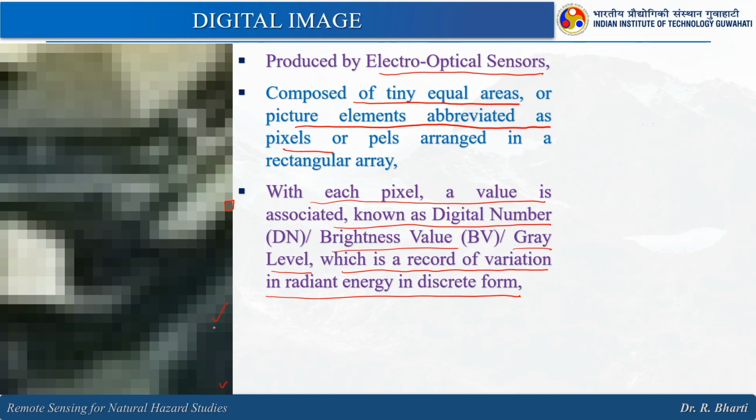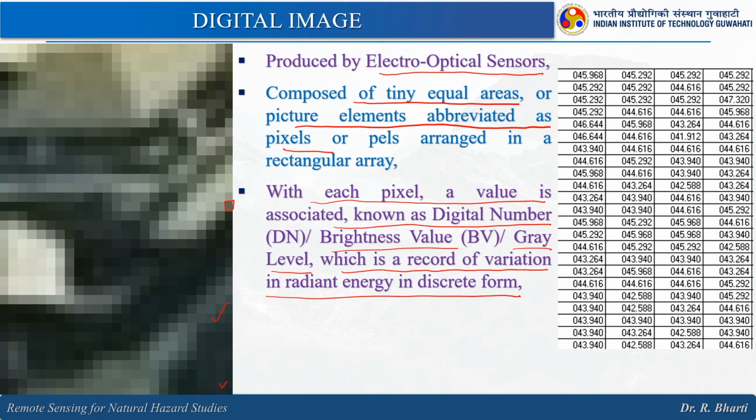So, when we see the image, we zoom in and try to see the pixel, but we can't see the numbers here, which is the digital number, right. So, what we do is we simply import this in any programming language, and you will be able to see this kind of matrix, and the elements of this matrix are the reflected, emitted or backscattered energy from the surface. So, this kind of information we are generating from remote sensing.